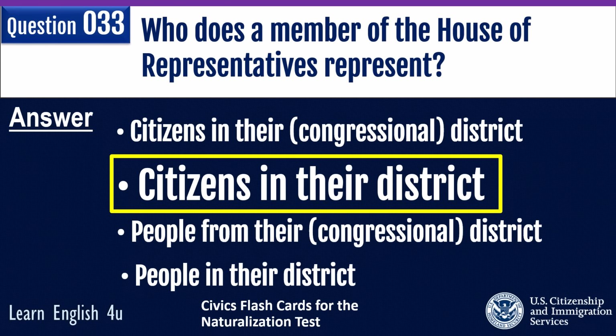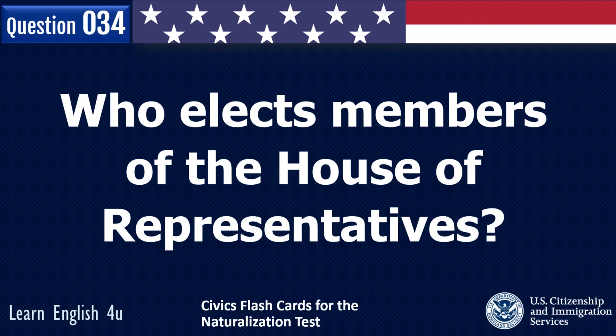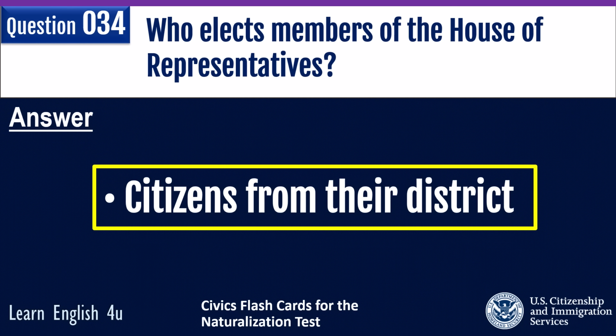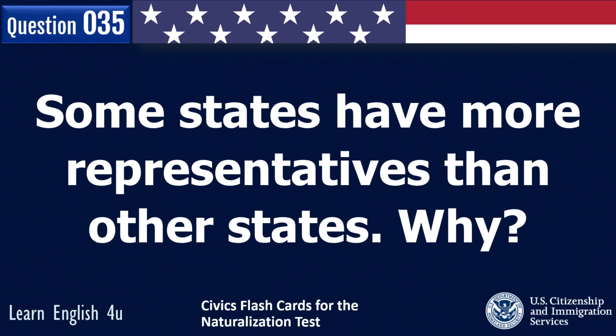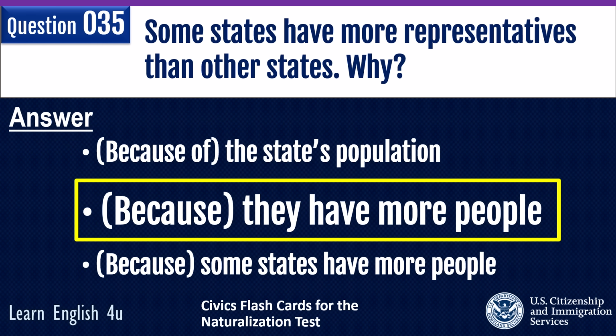Citizens in their district. Who elects members of the House of Representatives? Citizens from their district. Some states have more representatives than other states. Why? Because they have more people.